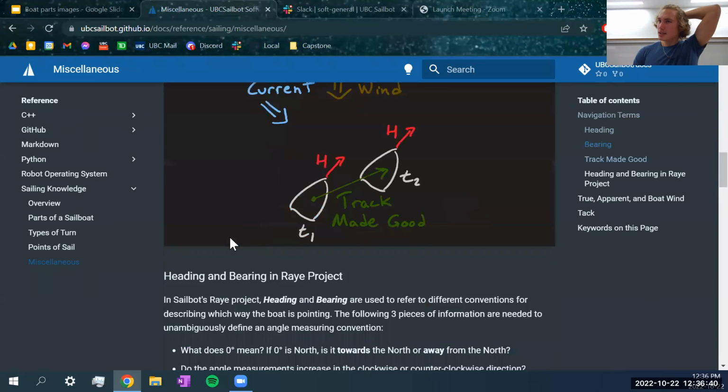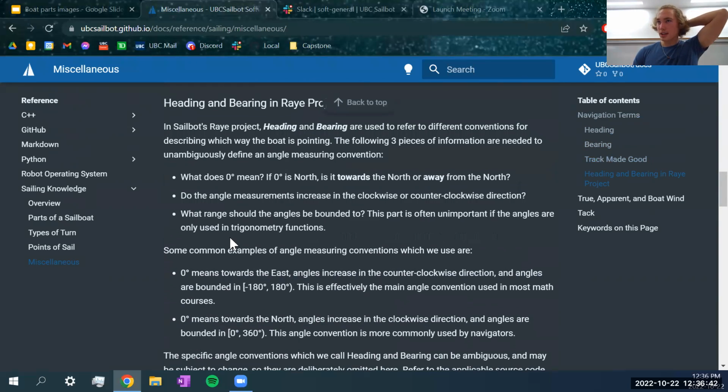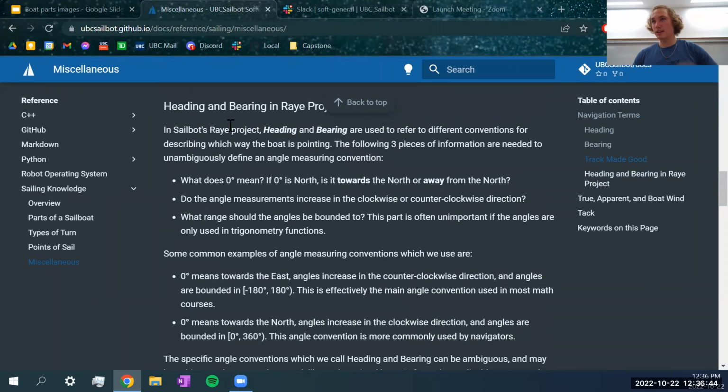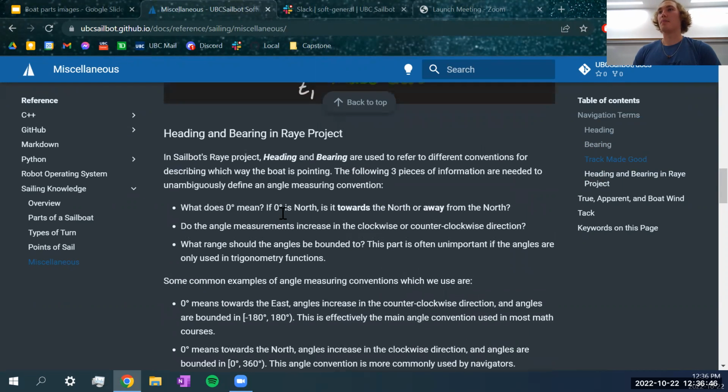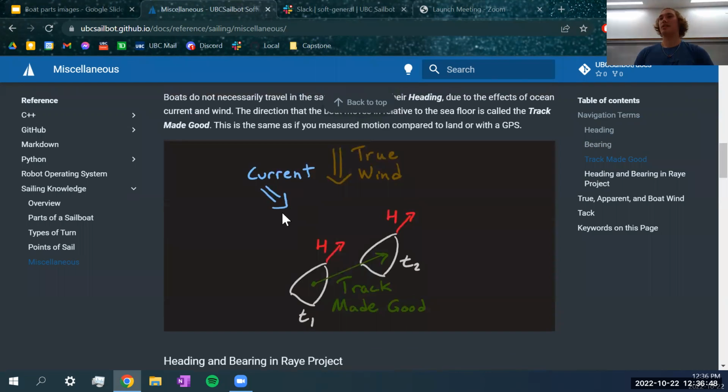I think I addressed that in the Ray heading and bearing. Basically, in math the common way is 0 degrees along the x-axis, and then positive angles go up from there. In sailing, the more common way is 0 degrees is north, and then angles go clockwise from there.